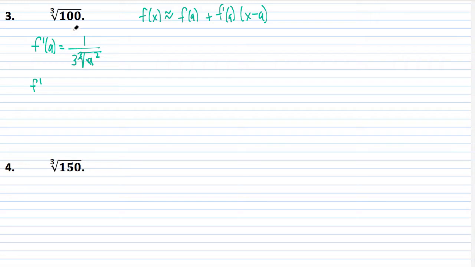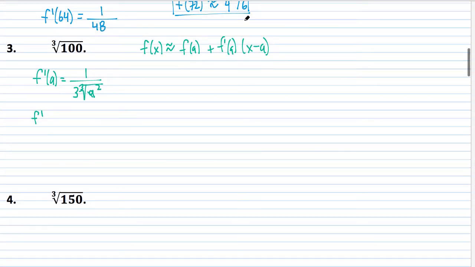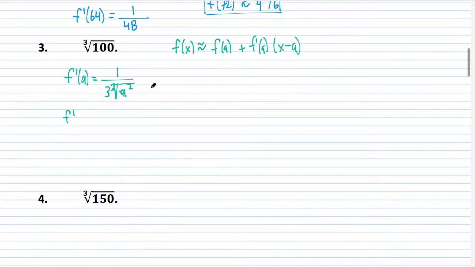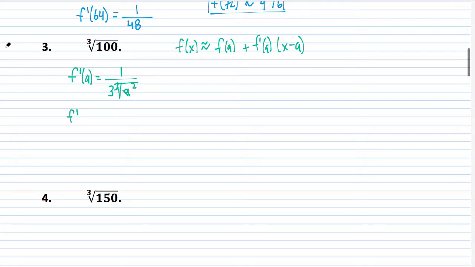So what is the closest perfect cube to 100? Let's go through our list of perfect cubes, if anyone knows any. We just did 64, right? So 4 cubed is equal to 64. What's 5 cubed? Well, 5 times 5 is 25, and 25 times 5 is 125. Which of these two is closer to 100?